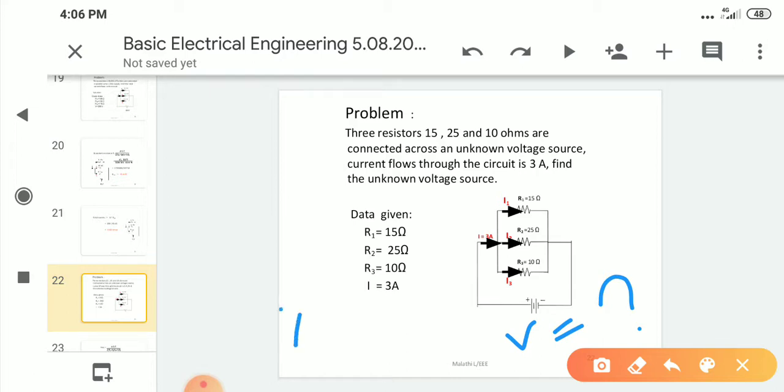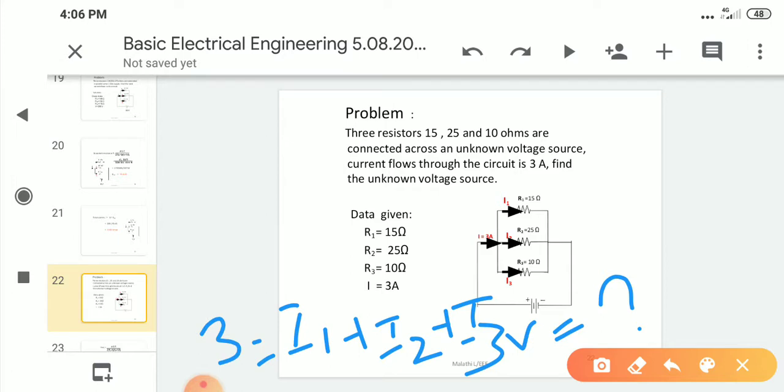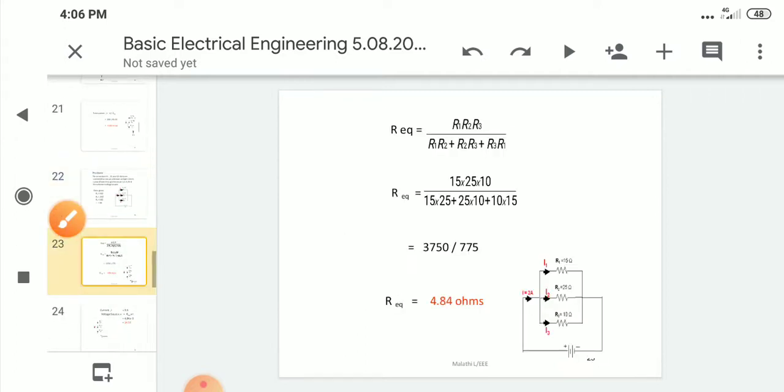Immediately, what do we have to do? I is equal to I1 plus I2 plus I3, where I is 3 amperes. We have to find the value of I1, I2 and I3. For finding this, first we have to calculate the value of the equivalent resistance.